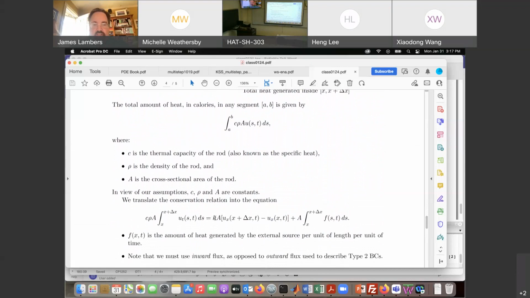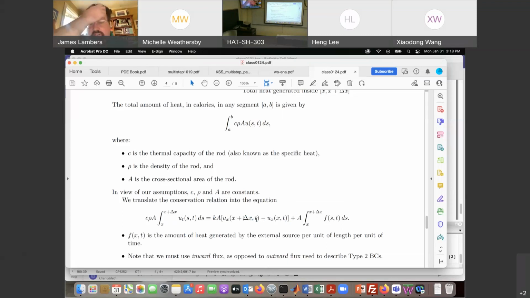Where this coefficient k is now a function of x, that means that k cannot be factored out. K needs to be evaluated at x for this term and evaluated at x plus delta x for this term.